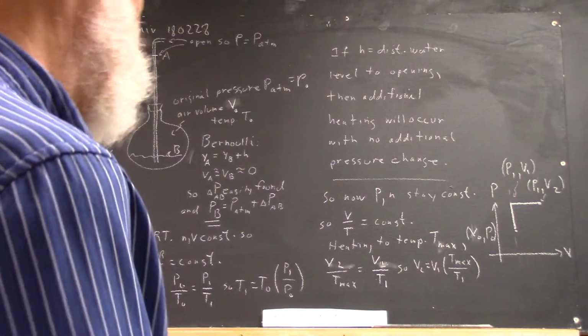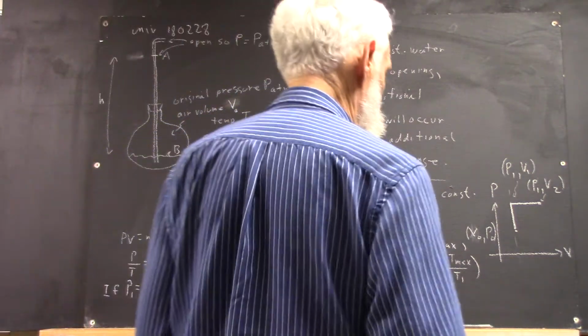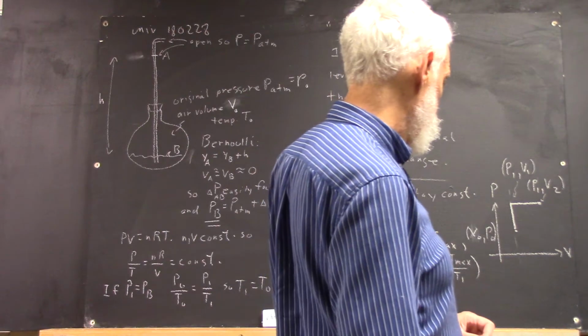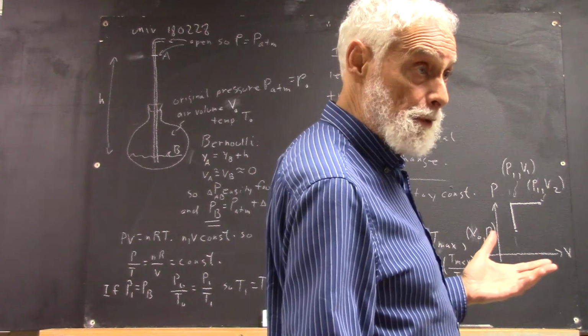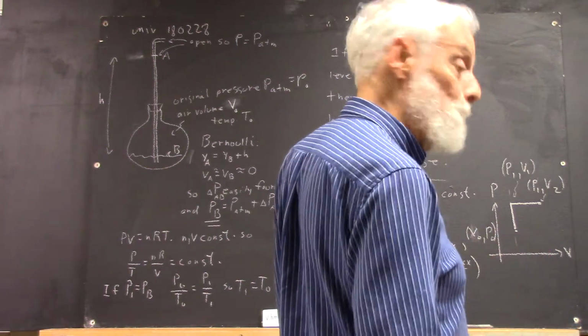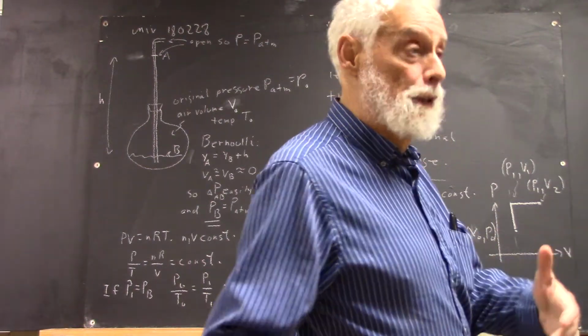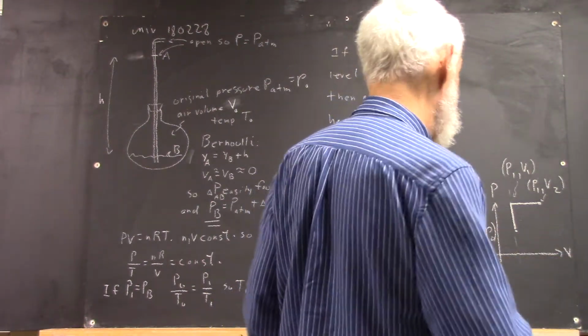Now, another thing, and I'm not going to explain this right now, and if it comes up in a test, I'll give you some explanation, because we haven't talked about it. But I can do that, because there's a very simple model for this that will convince you of it.